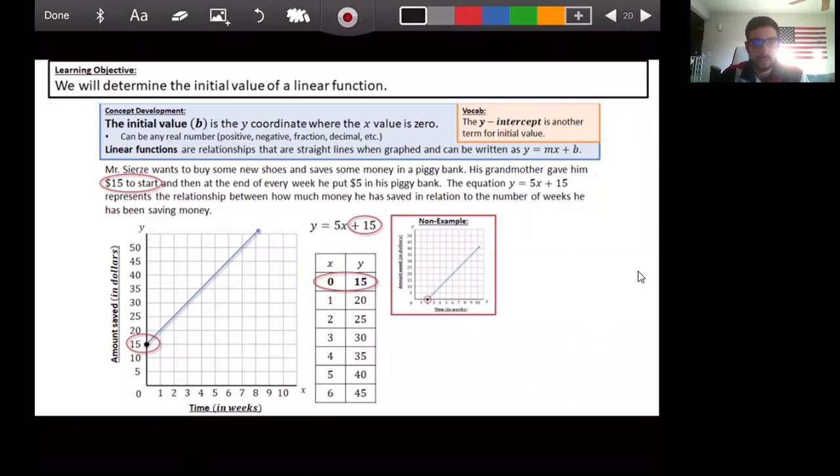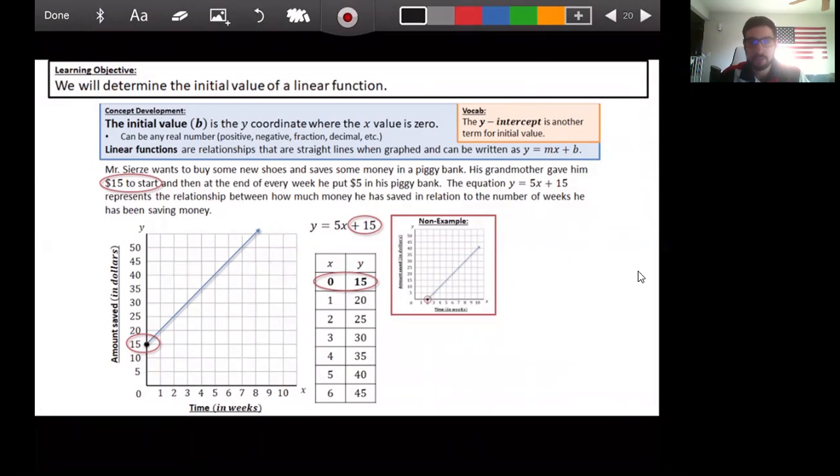So in our example here, Mr. Sears wants to buy some new shoes and save some money in a piggy bank. His grandmother gave him $15 to start. So in this case, Mr. Sears didn't start with no money, right? At 0 time, he started with those $15, which means our graph would start at 15.